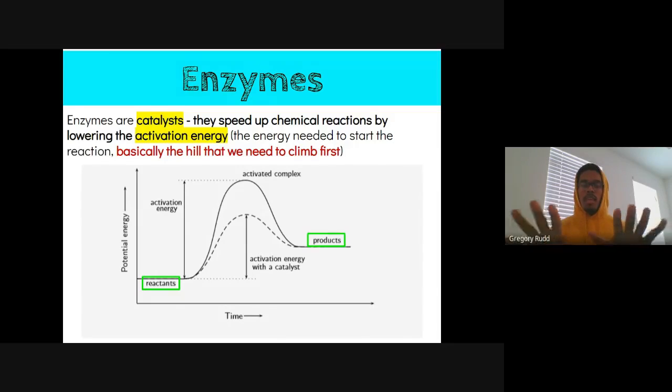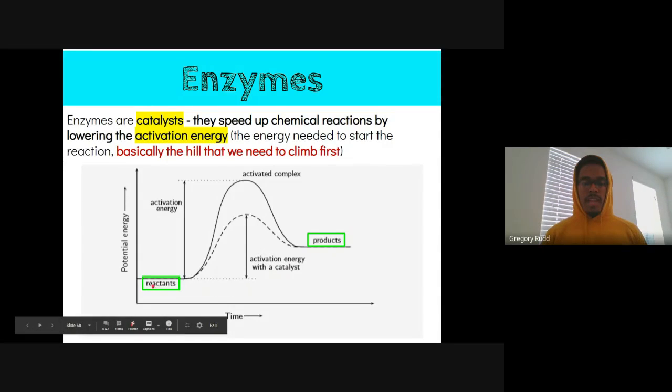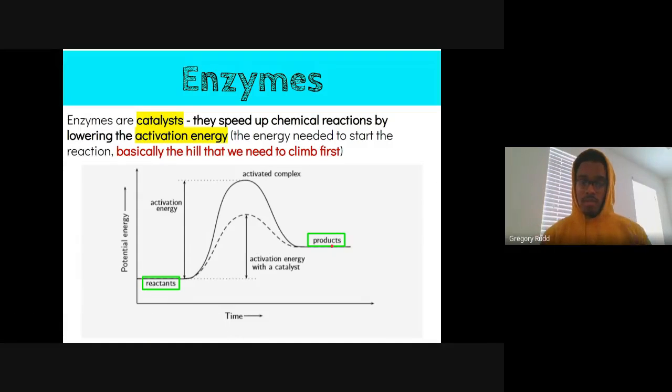They require some initial input of energy. And that initial input of energy is called the activation energy. The analogy that I like to use, again, I've got my reactants down here. These are my starting substances. And I've got my products over here. These are what I produce. They are my final substance, my final product.